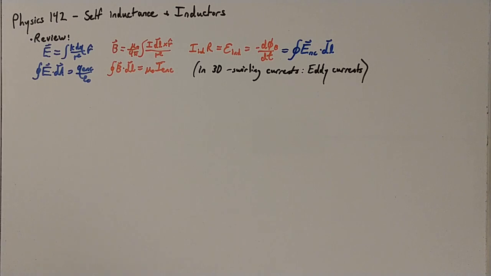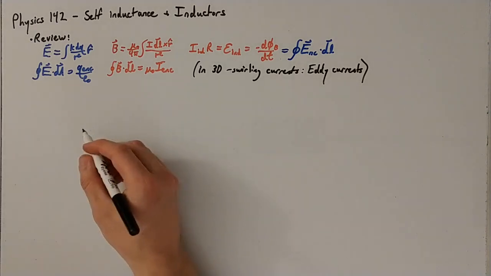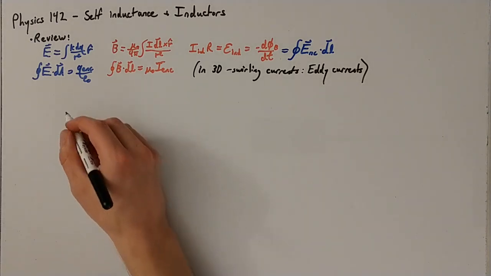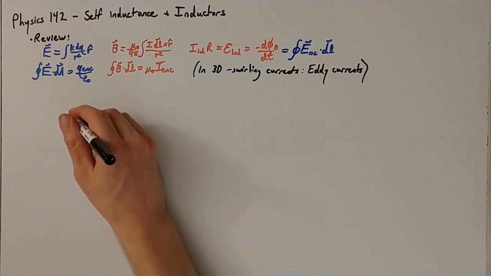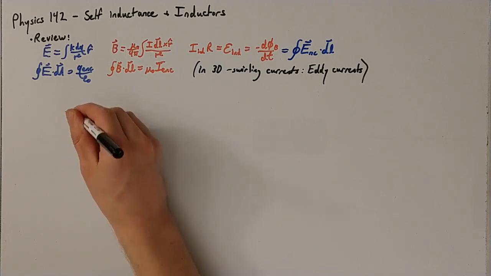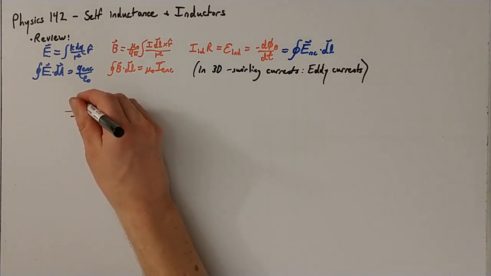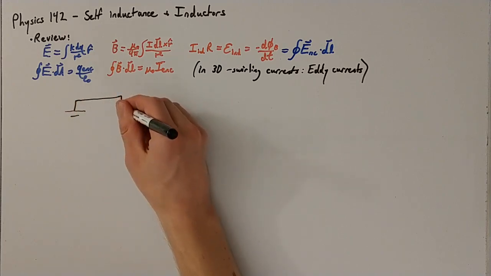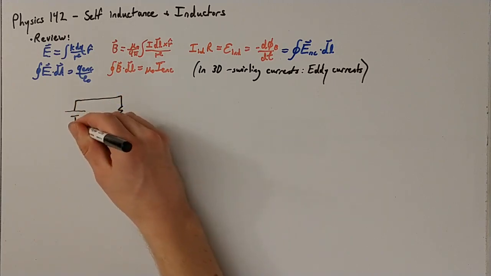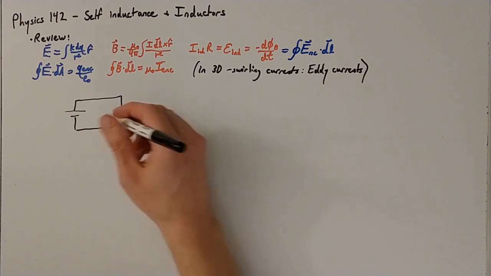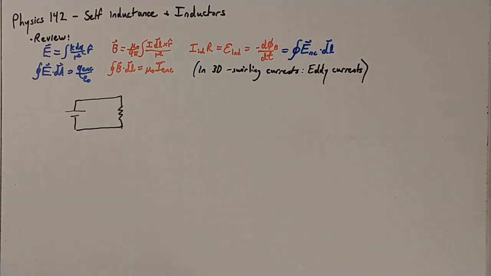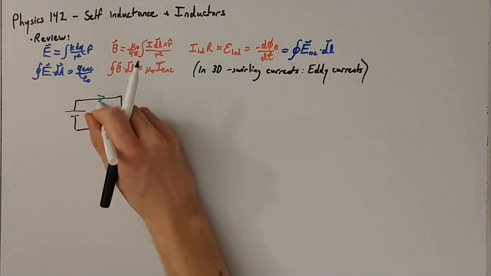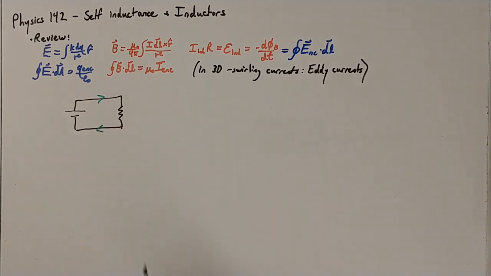To see that, let's draw a couple of circuits and think about how they're different. One circuit I want to draw is just a power supply and a resistor. We'll have some current run through this circuit, and it'll just be a constant amount of current.